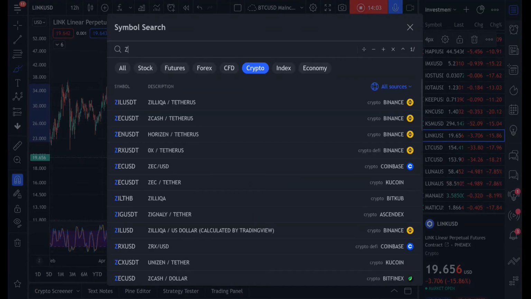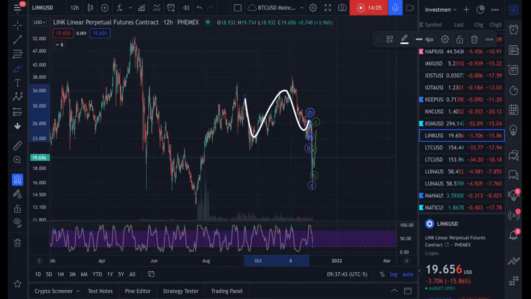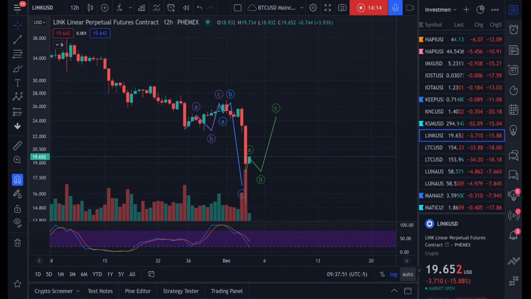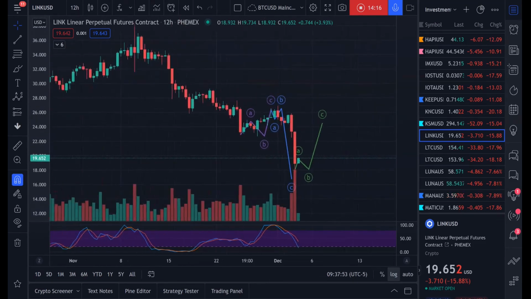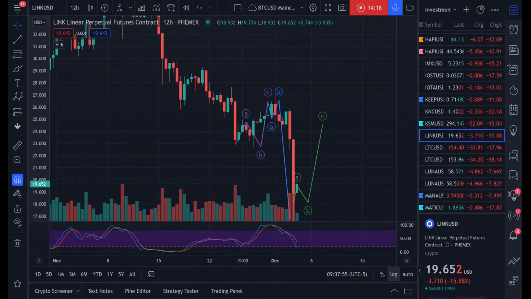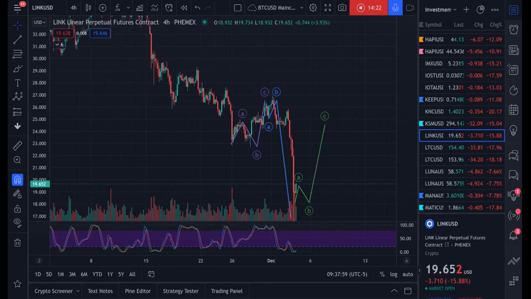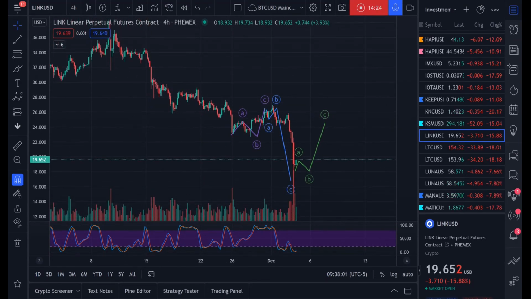And so we've already formed what I call the pivot. And if you zoom in a bit, you see, let's get off auto, let's get off log. Let's get on a smaller time frame. You see that this is the pivot that we're forming here.